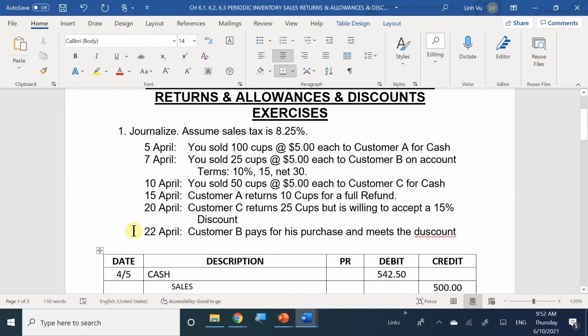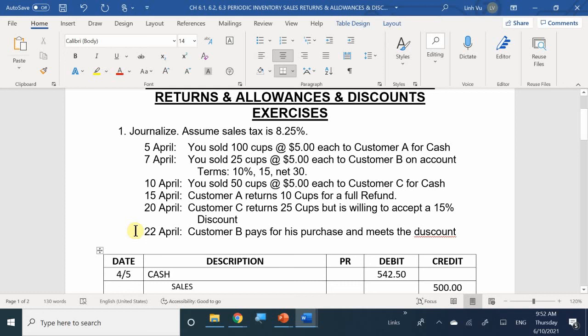Okay. Now then, on April 7th, you sold 25 cups for $5 each to customer B on an account. And you gave them terms 10% if they pay within 15 days. If not, the whole bill is due in 30 days. All right.